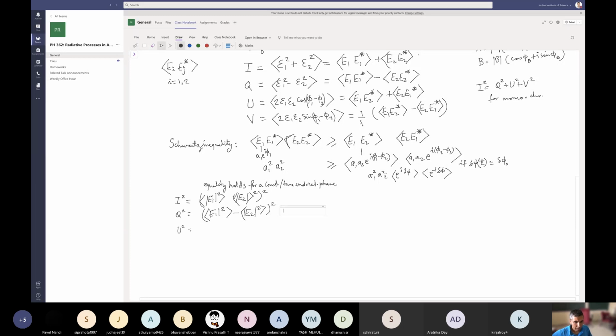U squared is equal to, this is where E1, E2 star squared plus E2, E1 star squared. Sorry, U squared is, sorry, what am I doing? This whole square.